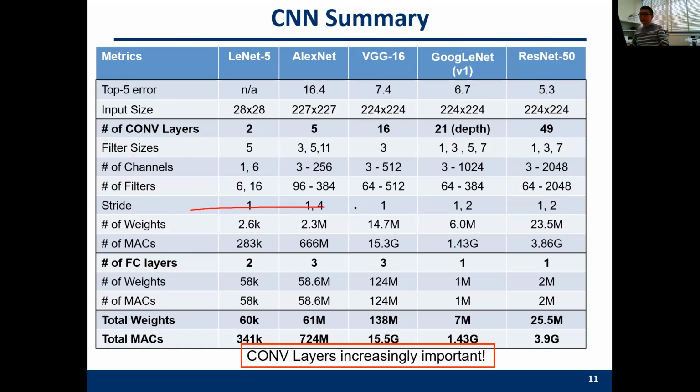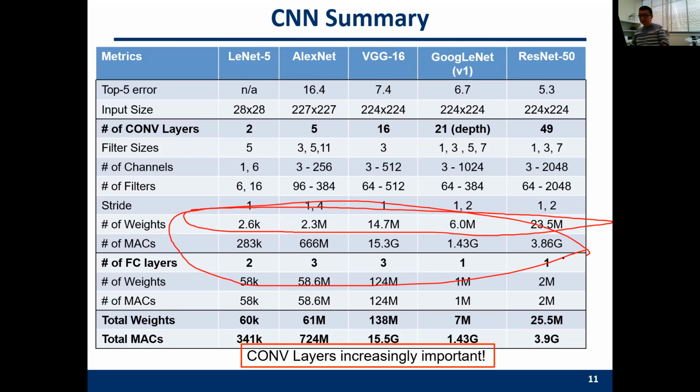You can see there are a lot of weights. A lot of weights means you need a larger on-chip buffer or on-chip memory. You also need to compute a lot of MAC operations. MAC operation means multiply accumulation.